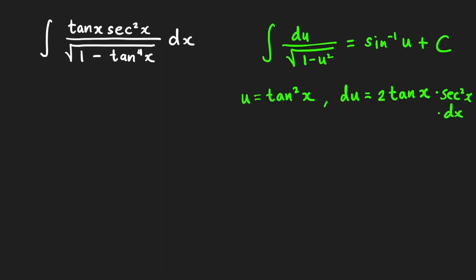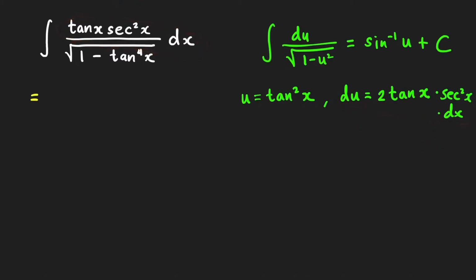which is just a constant multiple of this numerator here, tangent x secant squared x dx. Therefore, this part here can be written as du over 2, because just divide both sides by 2 here, and you'll get an expression for tangent x secant squared x dx. So that is equal to du over 2.